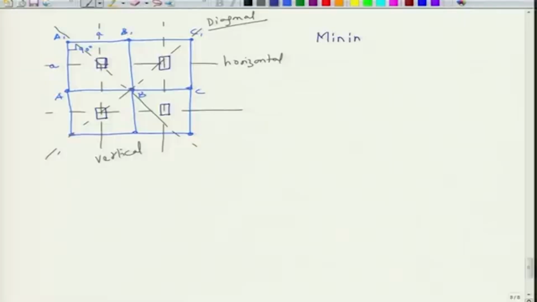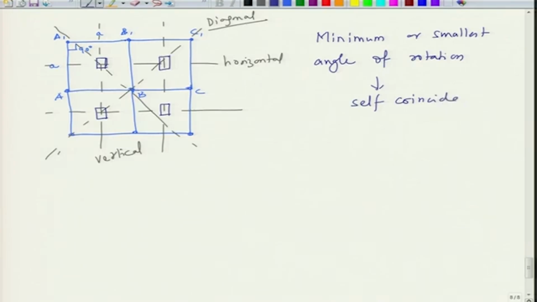But what is the minimum angle by which you rotate it so that it comes into self-coincidence? So the smallest angle of rotation which will allow you to have self-coincidence, this is called rotational symmetry.